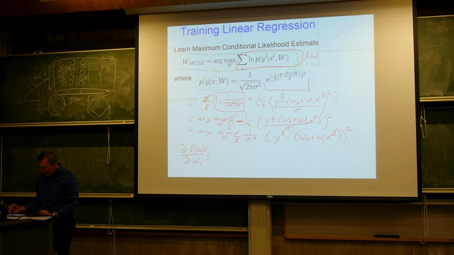What's that derivative? Can you see it? And it's going to be 1 over sigma squared times 2 times this whole quantity. Times the derivative of this, again, this quantity with respect to W1.